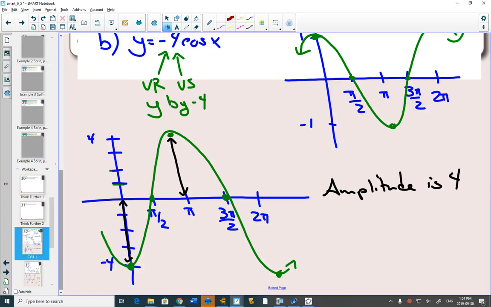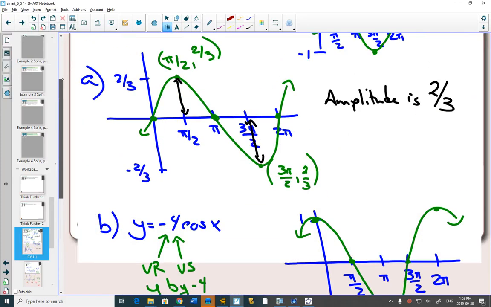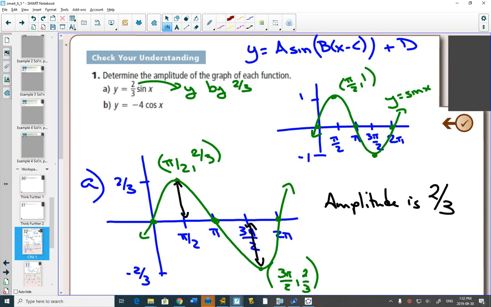Because the amplitude was normally 1, any kind of stretch or compression in front is going to change your amplitude. And so whatever number is in front, whatever is your A value, you have to have some kind of smart memorization technique here. Somehow have to remember that the A value is connected to amplitude.